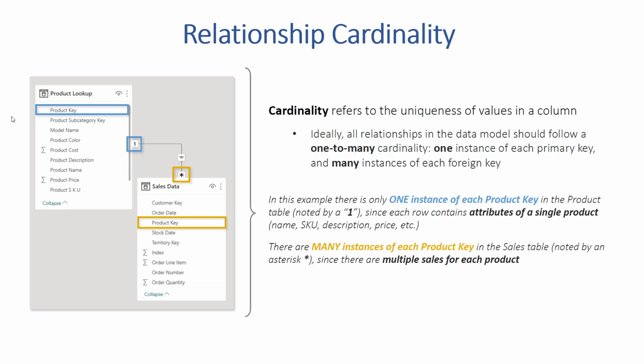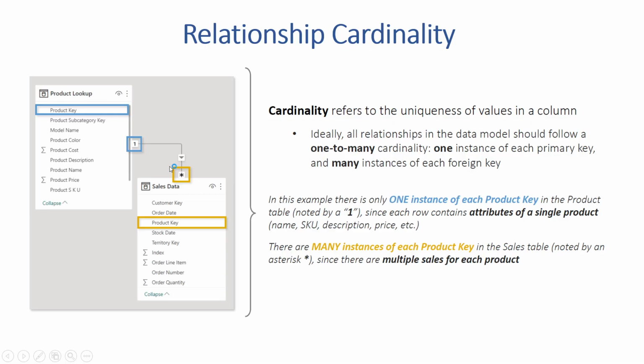And there are many on each product key in the sales table, noted with the asterisk here, as there are multiple sales for each product. So the relationship is one to many.